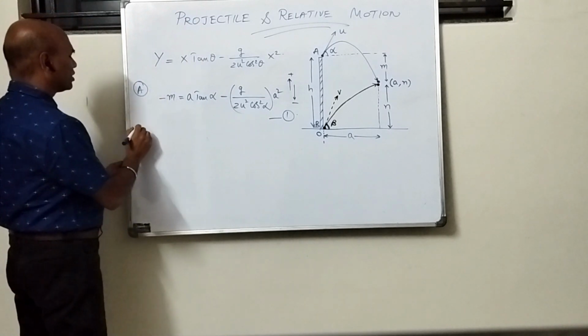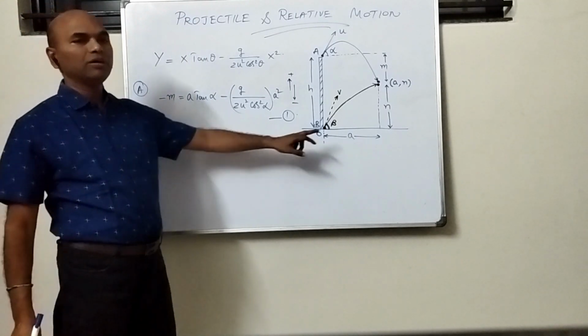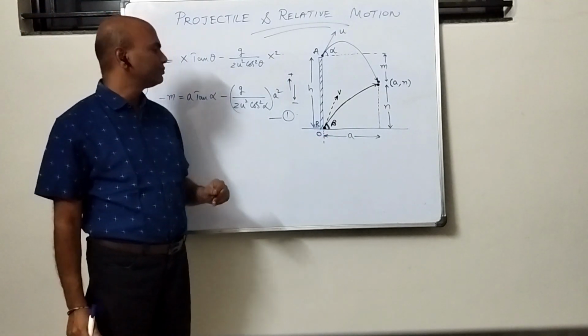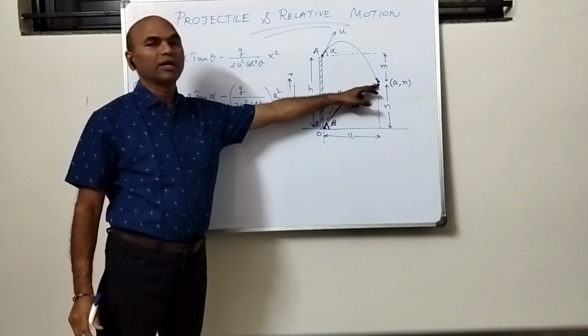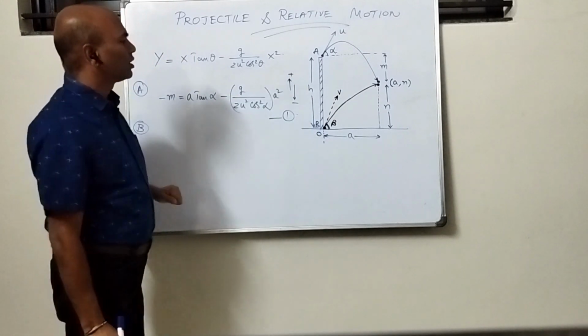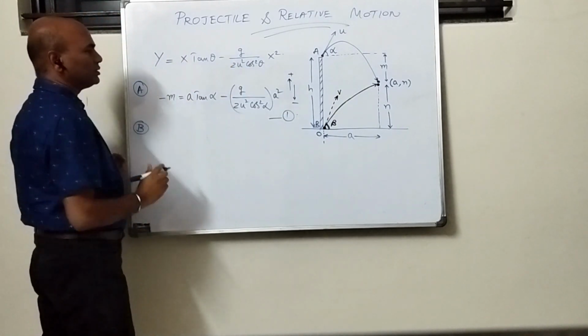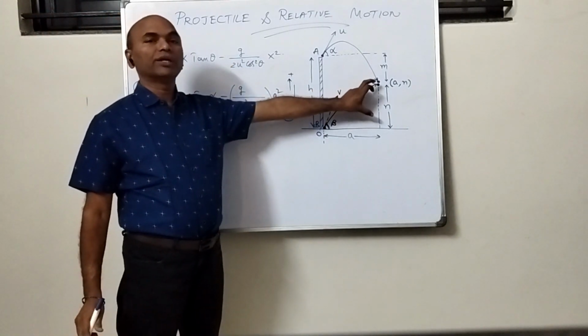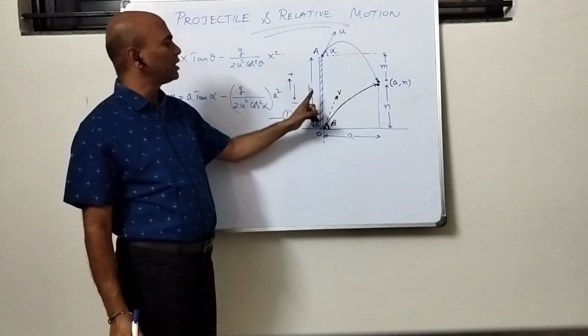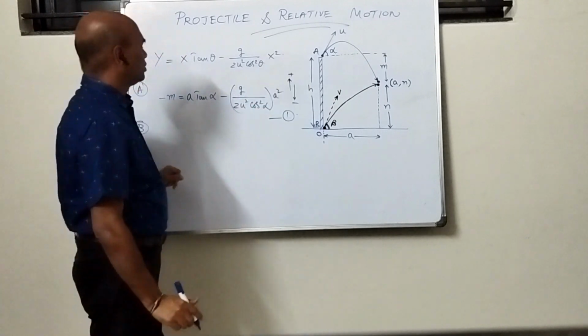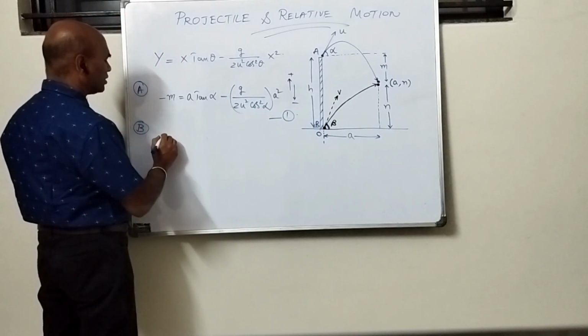Now coming to the particle B, which is projected from the bottom of the tower, I would write the same equation for this particle when it is reaching here, with the coordinates as mentioned. But this time it has covered a vertical displacement of n, and that too in the upward direction, for which I have taken the sign convention as positive. So in place of y, I would replace it with n.